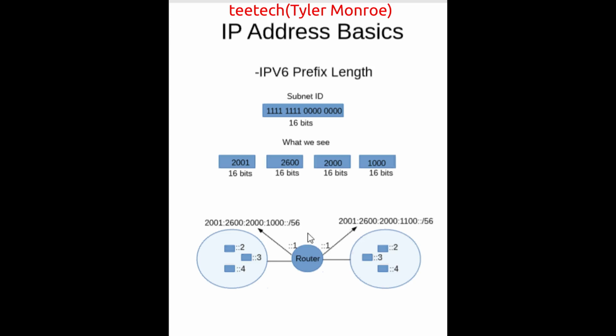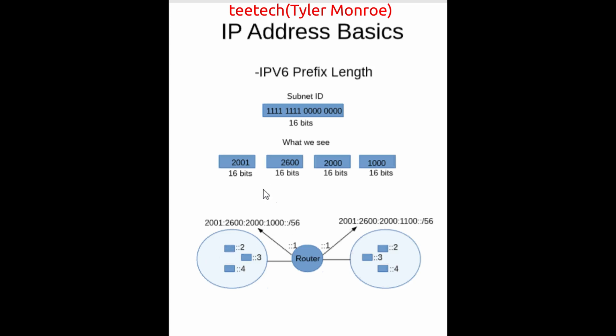And what we're showing here is the /56. What this is focusing on is the Subnet ID portion, and this means 56 bits of this address are the network. Every other bit is assignable to a host to identify a computer.